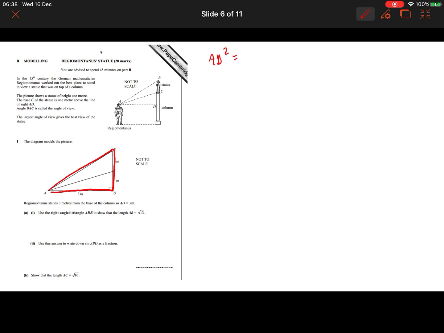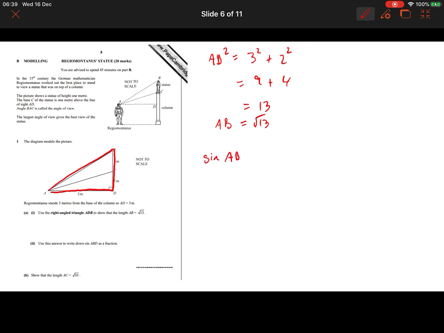Well, that should be pretty easy. Just a bit of Pythagoras' theorem. AB squared is equal to 3 squared plus 2 squared, which is equal to 9 plus 4, which is equal to 13. So then AB is root 13. Can't really get anything easier than that.